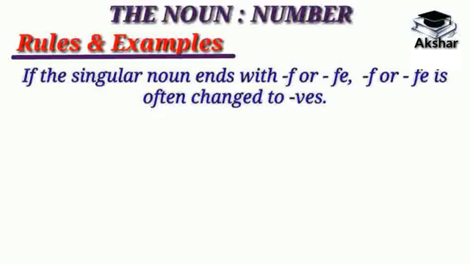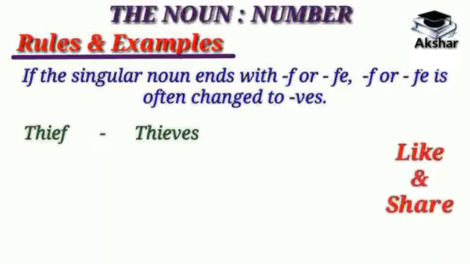Next rule: if the singular noun ends with f or fe, f or fe is often changed to ves. So here we are going to have some examples. Look at the first example so that you can learn it properly. Thief is going to change into thieves.